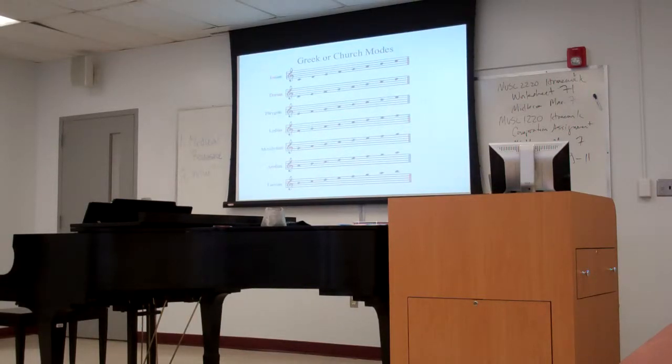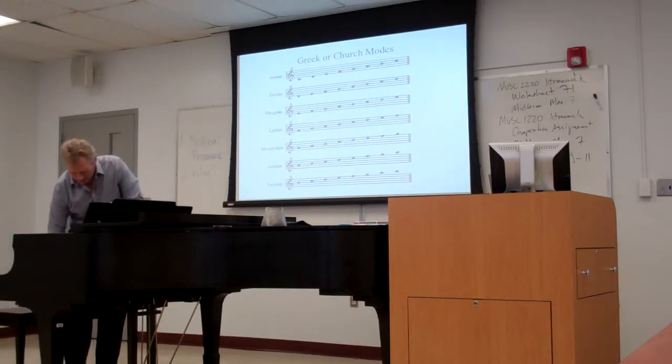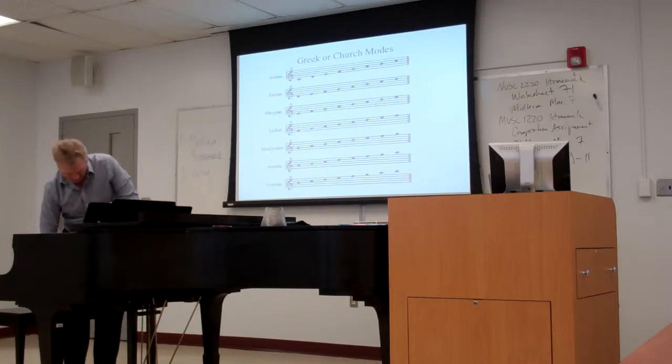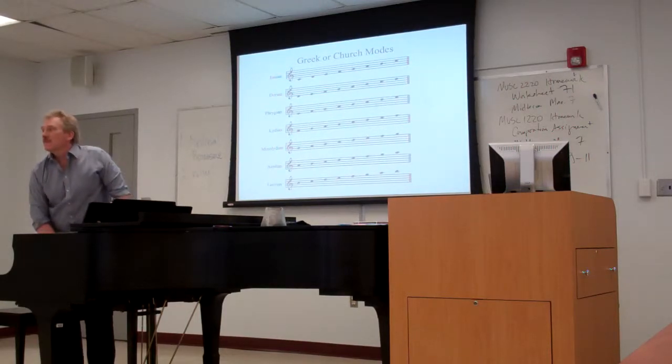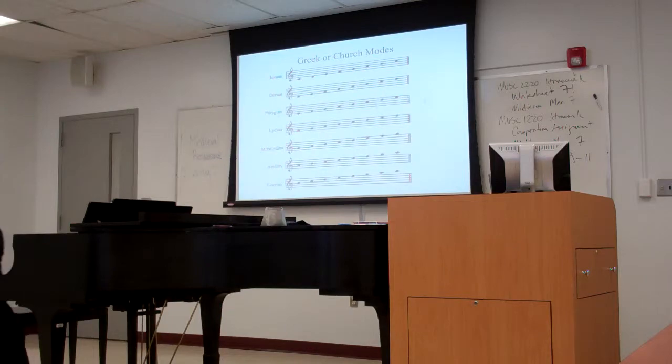Gotta raise the D. Raise which degree? The 6th degree. 1, 2, 3, 4, 5, 6. D flat becomes D natural. And I have the Dorian. So it's not nearly as hard. And your ears can tell it's the same mode, right?